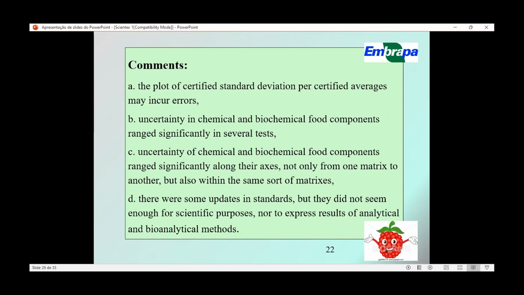There were some updates in standards, as we saw when they say to check the linearity and the precision. But they did not seem enough for scientific purposes, nor to express results of analytical and bioanalytical methods.